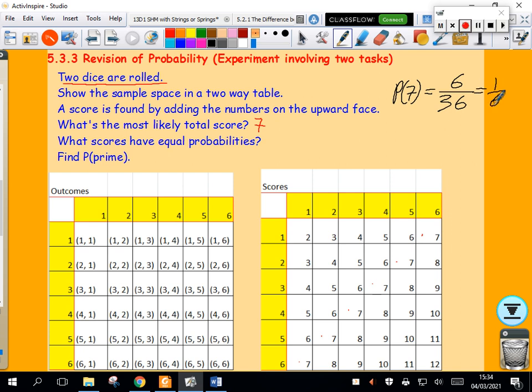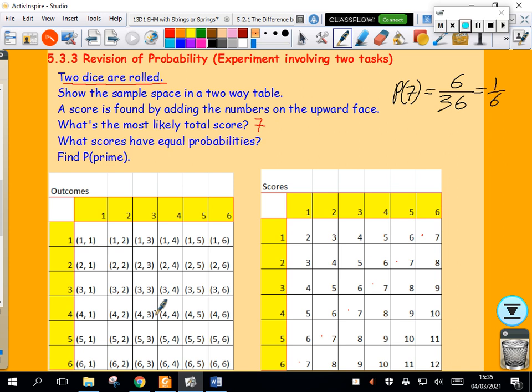So there's a 1 in 6 chance of rolling a 7 when you roll a pair of dice. Okay? Notice there's not 36 different scores. There's 11 different scores: 2, 3, 4, 5, 6, 7, 8, 9, 10, 11, and 12. And not 36 different scores, but there are 36 possible outcomes, because 3 on the first and 4 on the second, that's a different outcome to 4 on the first and 3 on the second.